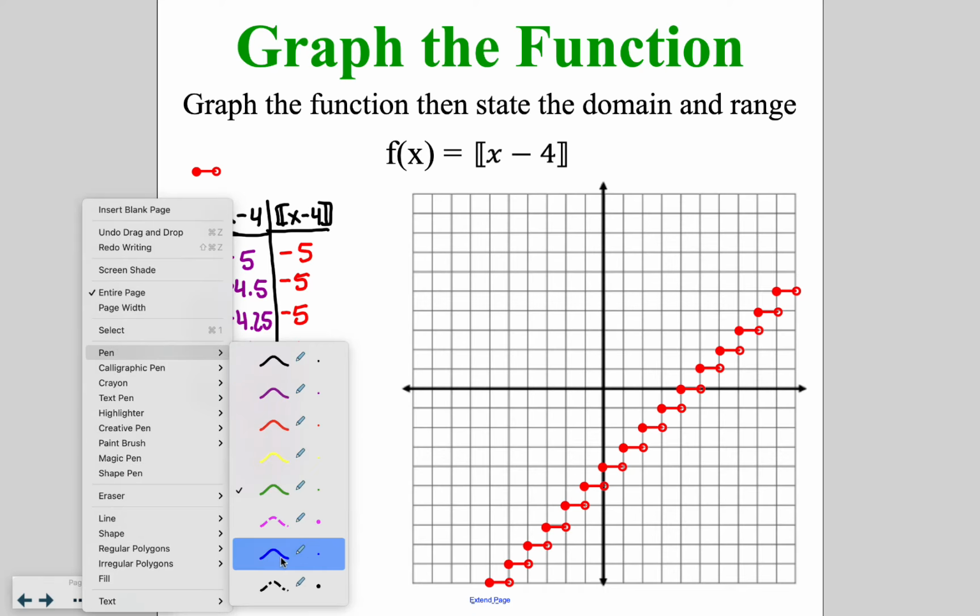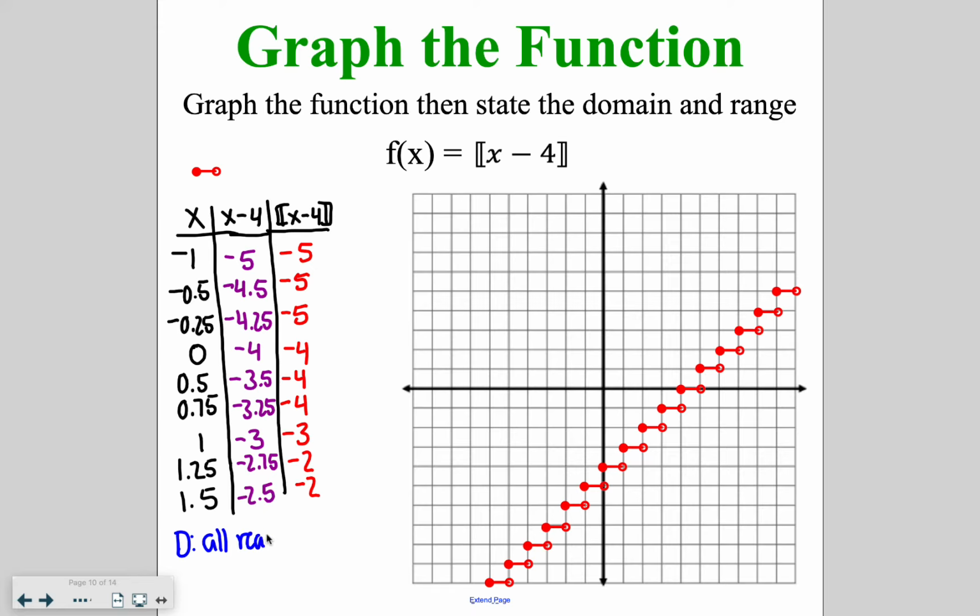Once again, our domain for these piecewise functions is going to be all real numbers. I can plug in any value in for the x spot. Fractions, decimals, square roots, whatever it is, you can plug in that value for x.